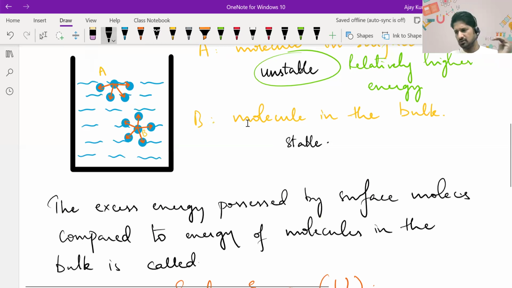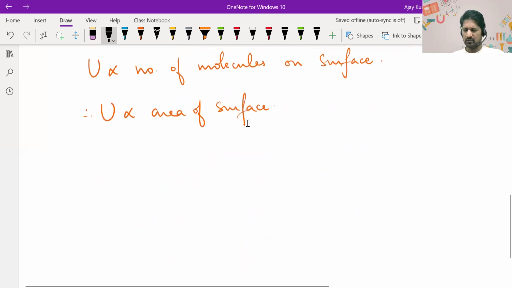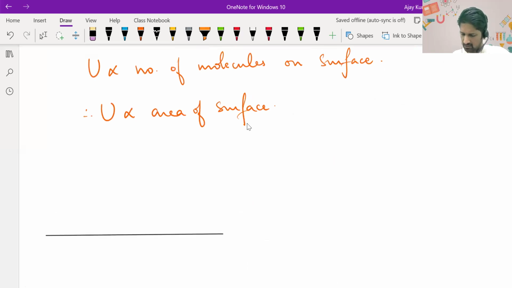So it's understood for now that surface molecules are at higher energy compared to molecules in the bulk. Now you all tell me, if you put a small drop of water on a horizontal surface, what shape do you see it taking? Let's say there's a horizontal surface like this, and you put a small amount of water on it.